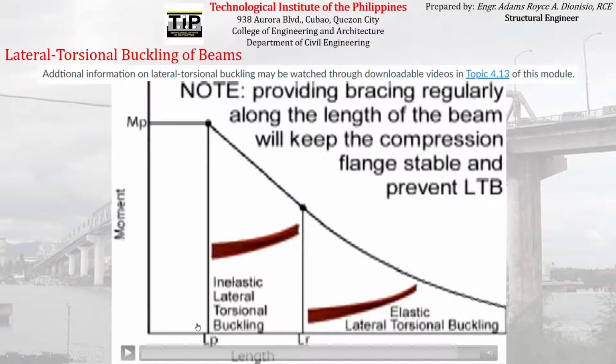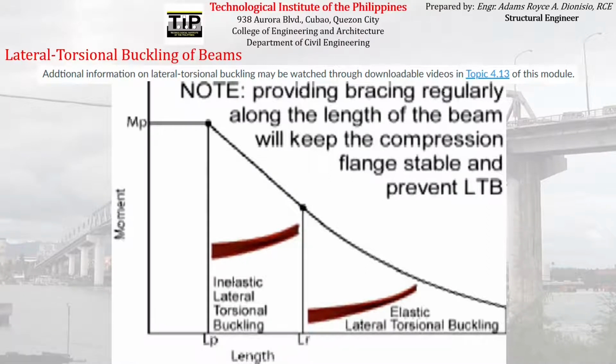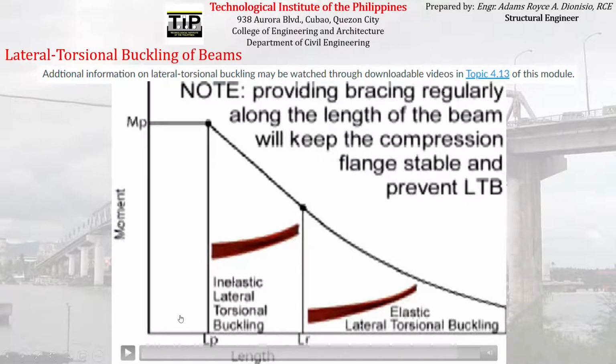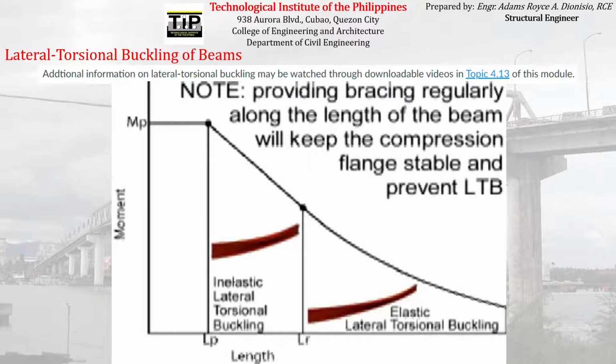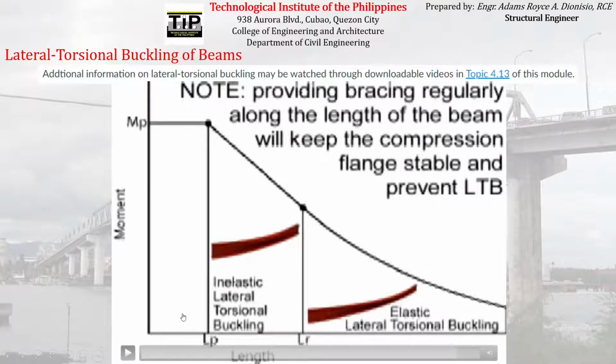Later on, pag nakita nyo sa code provisions, yan yung check natin, yung LP na yan with respect sa lateral torsional buckling. So in order for us to ensure that lateral torsional buckling will not occur on our beam, we usually make sure na yung bracing niya within the limits of LP. Okay?